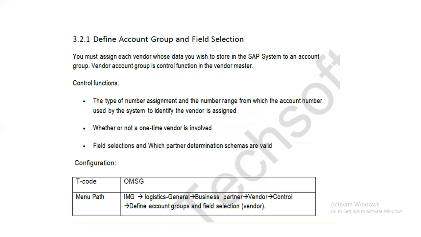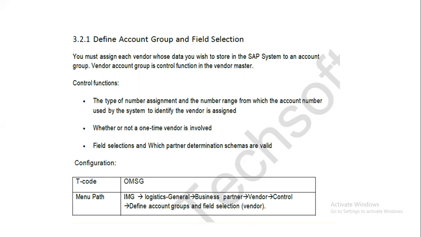After the vendor account group, we also want to generate the number ranges. The path for creating the number ranges is IMG, Logistics General, Business Partner, Vendors, Control, Define Number Ranges for Vendor Master Records. The T code XKN1 is used for creating number ranges for vendor records.